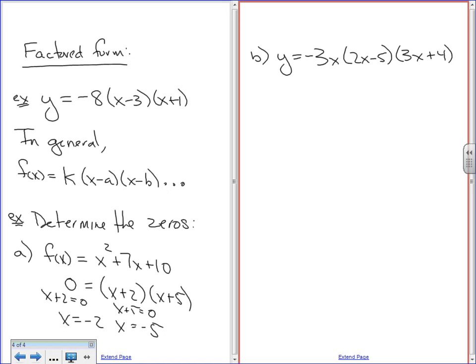Right? Again, you don't have to show this step. I'm going to show it for the benefit of the note. Okay, so I'm setting this equal to 0. I do want you to write equal to 0 somewhere. Now, if you don't want to show the next step where you're setting each one of them equal to 0, how many factors do I have here?